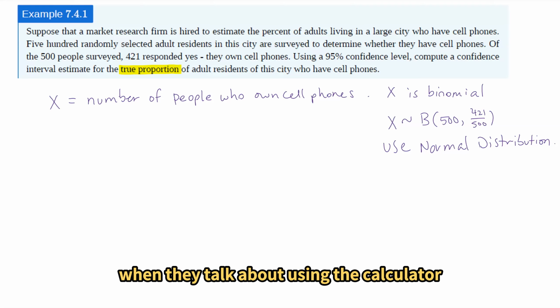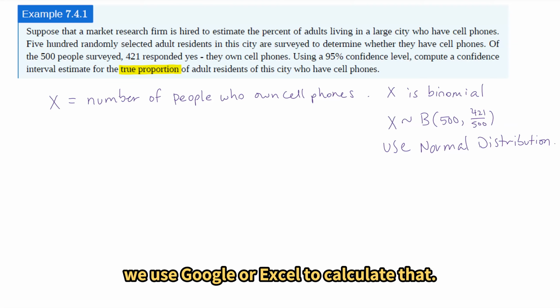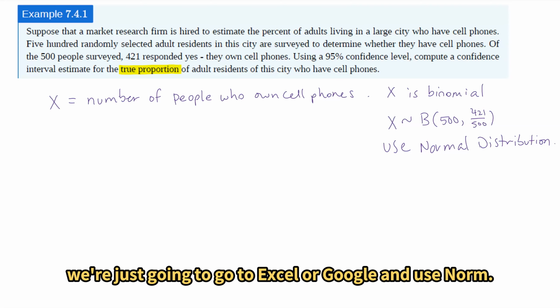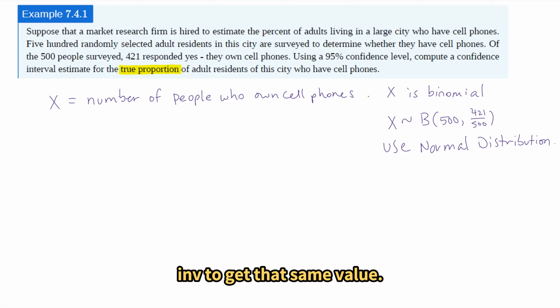Just know that when they talk about using the calculator, we use Google or Excel to calculate that. So in the step about inverse norm to find the z alpha over 2, we're just going to go to Excel or Google and use norm.inv to get that same value.